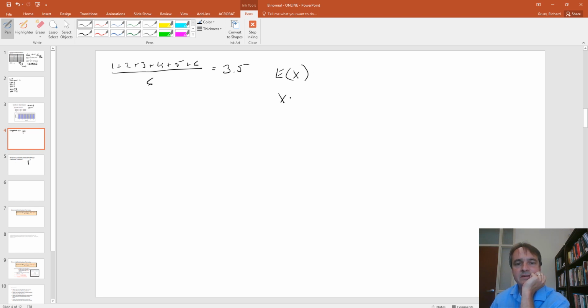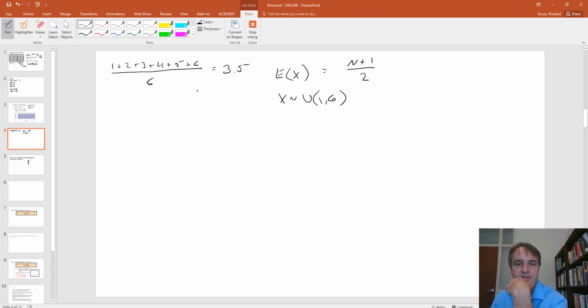We'll say that x follows a uniform distribution between, we'll stick to our case, 1 and 6. It turns out that this is just n plus 1 over 2. So why would this average wind up being just n plus 1 over 2?